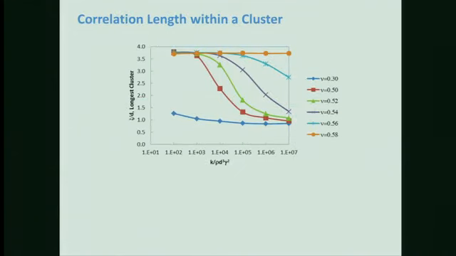And this is like the correlation lengths within a cluster. I've done here some moderately dense systems from 0.5 to 0.58. This is the correlation length as a function of the dimensionless stiffness.